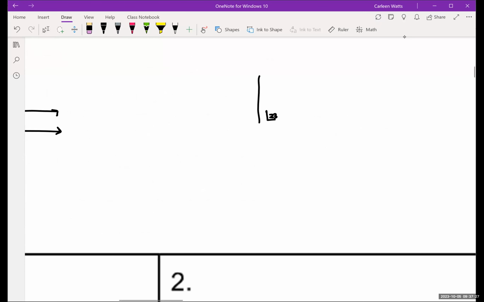Now, angle 2 is on the top right of angle 1. How would you describe angle 7? Bottom left. They are not corresponding.